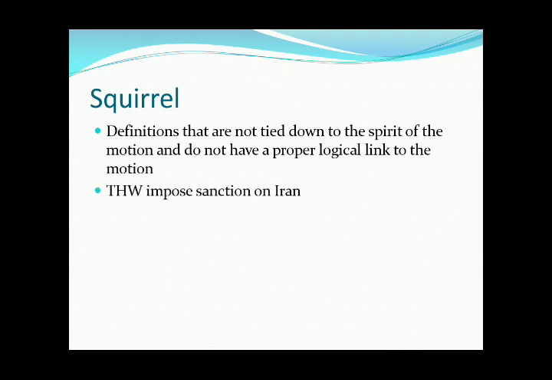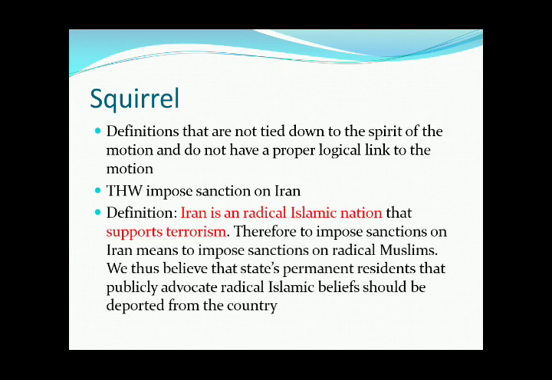For example, the motion is this house would impose sanctions on Iran, and then you define Iran as a radical Islamic nation that supports terrorism. Therefore, to impose sanctions on Iran means to impose sanctions on radical Muslims.